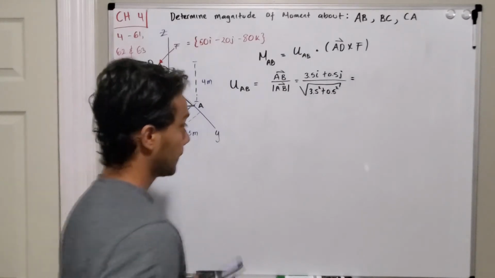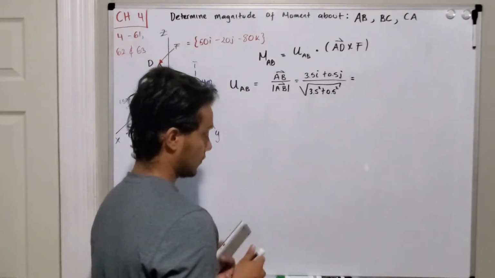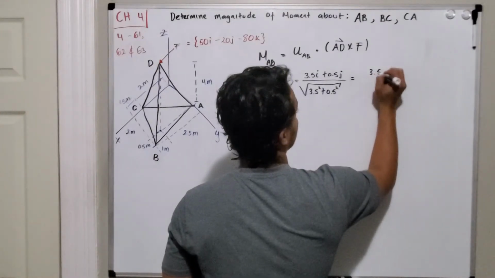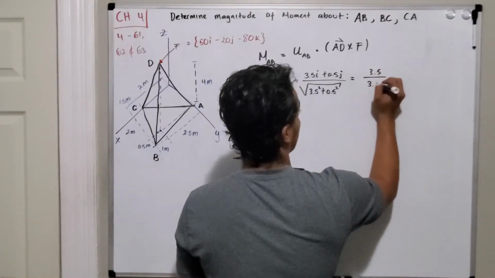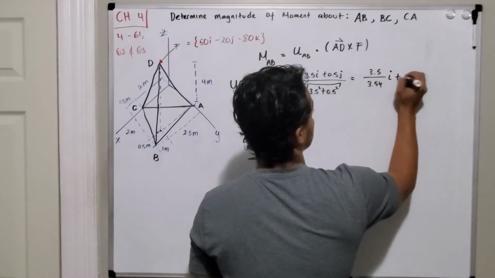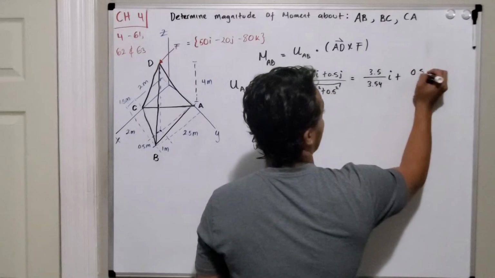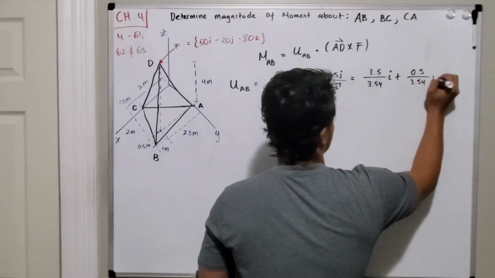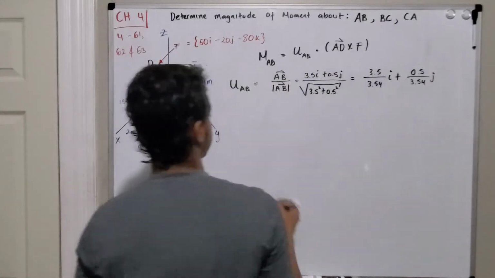It's equal to 3.54. So the unit vector is 3.5 divided by 3.54 in the I direction plus 0.5 divided by 3.54 in the J direction, okay?